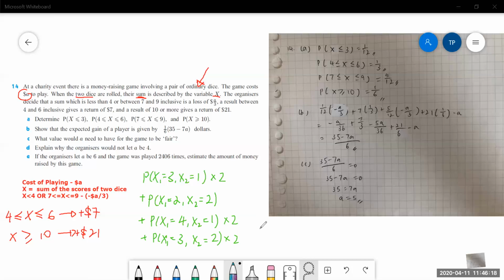Then to get 6, x1 equals to 5 and x2 equals to 1 times 2, this one also times 2, we have x1 equals to 4 and x2 equals to 2, and the last one will be 3 and 3.